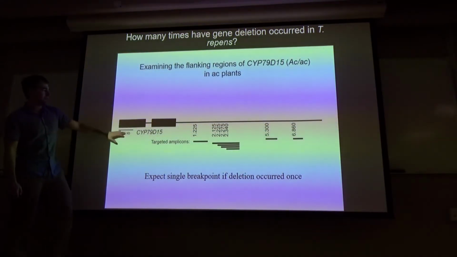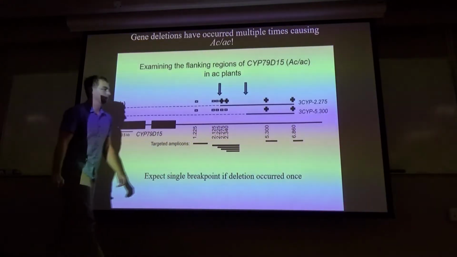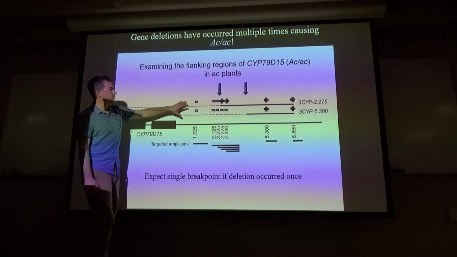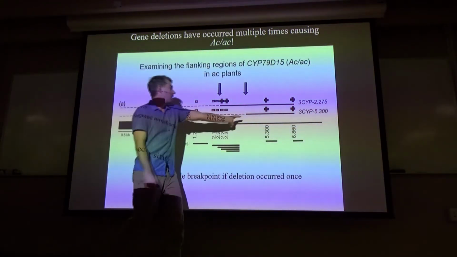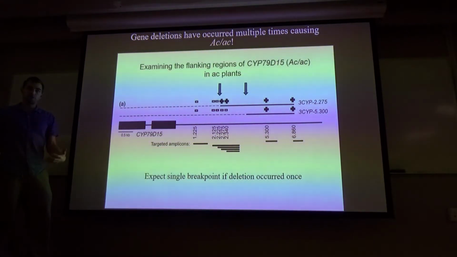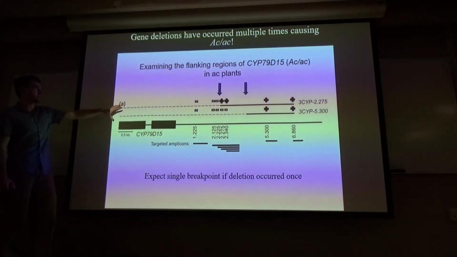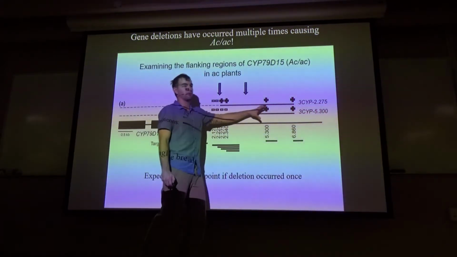And that's not actually what we see. If we amplify a bunch of regions in the flanking regions of these genomes, we see multiple different flanking region sizes, some that differ by upwards of about 300 base pairs. This suggests that the deletion at this particular gene has occurred not once, but multiple times.